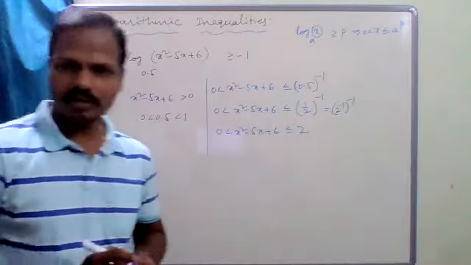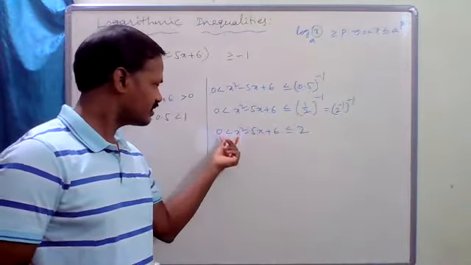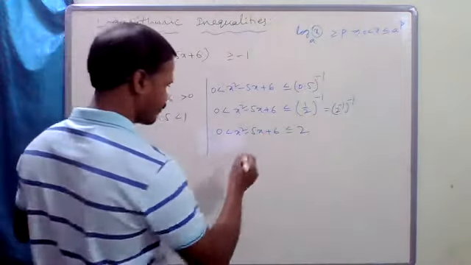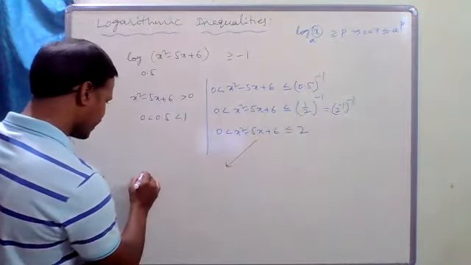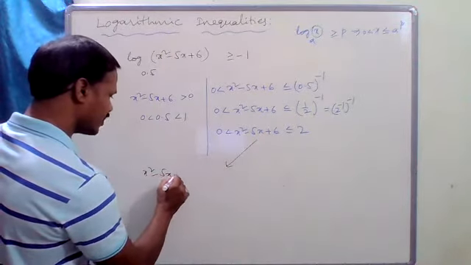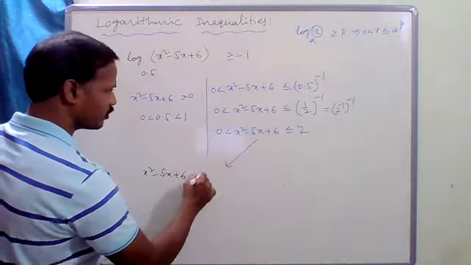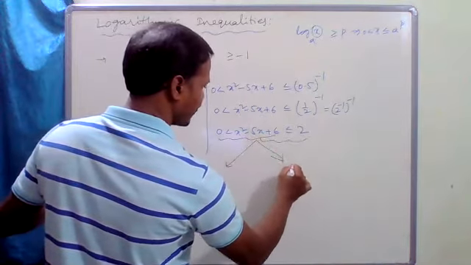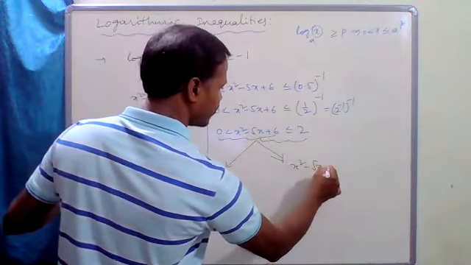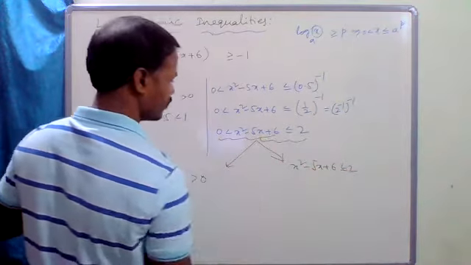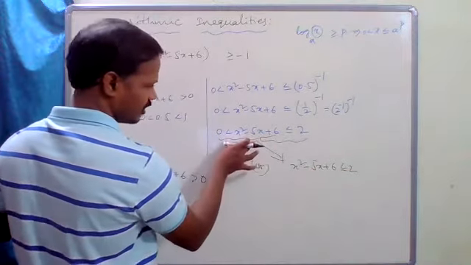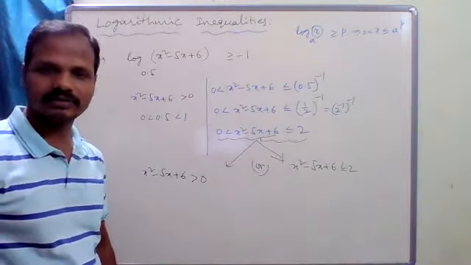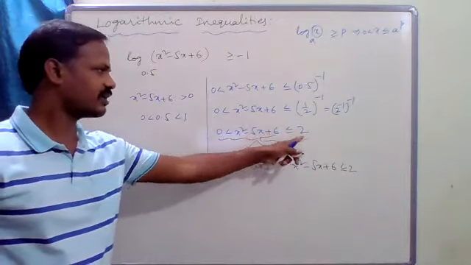And now here, two cases. This case and this case. So you have to solve these two cases. One case is x square minus 5x plus 6 is greater than 0. The other case is x square minus 5x plus 6 is less than or equal to 2. Either this or this, union or intersection? What do we have to use? 0 less than this, less than or equal to 2.